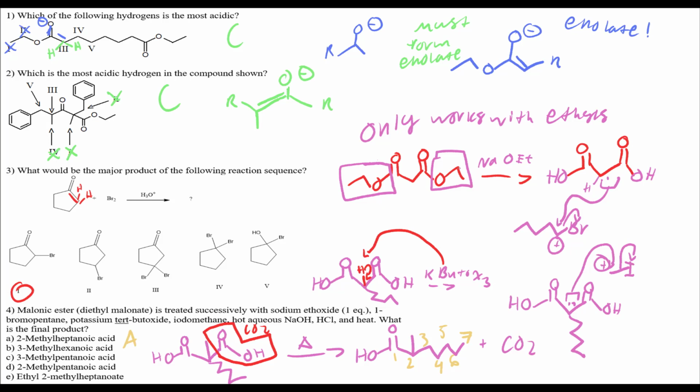Now, after that happens, you're going to use those electrons and do a quick little SN2 reaction right there. And when that happens, you're going to use potassium tert-butoxide, and what that does is that it removes the other acidic hydrogen, but it doesn't do anything else. It's too big and bulky to do anything else, okay? And then you're going to heat up the compound, and whenever you heat up the compound, you remove 1 carboxylic acid and create carbon dioxide, okay? So there you go.